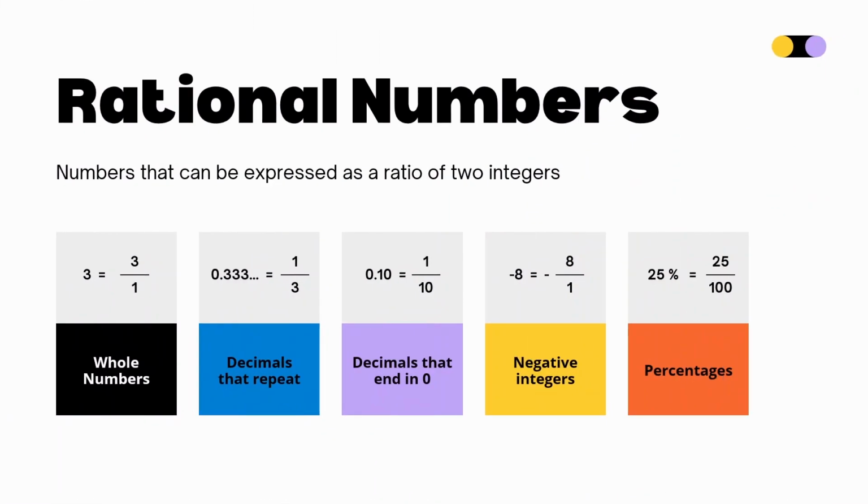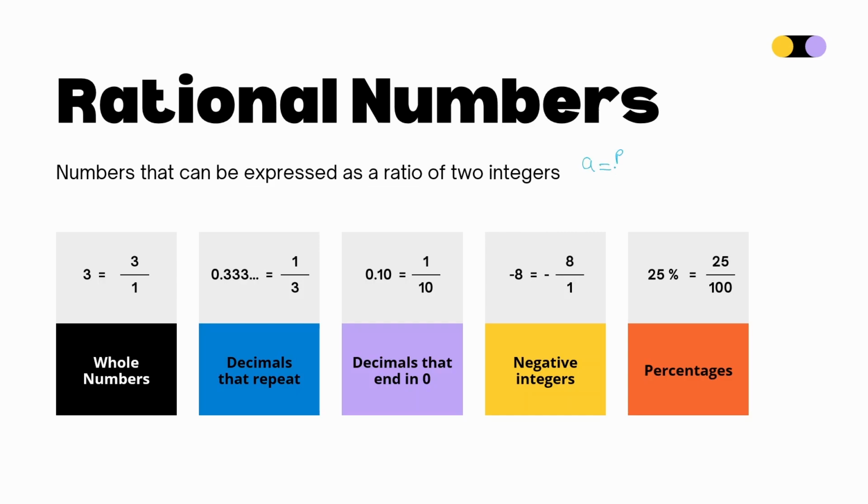Okay, these are the main points. So what are rational numbers, or how can we describe them? We can describe a rational number as a ratio of two integers. Suppose a is a rational number.